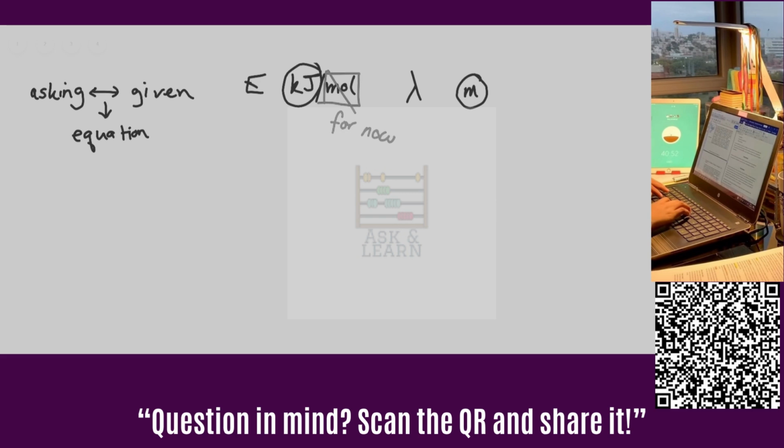The first equation that pops into my brain is this one, where E is equal to hc divided by lambda, and this is for a single photon of light.